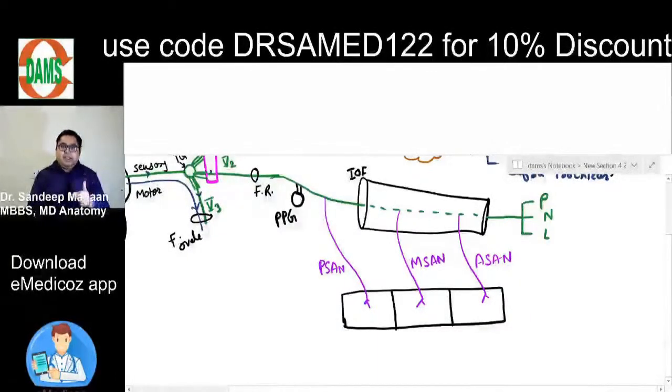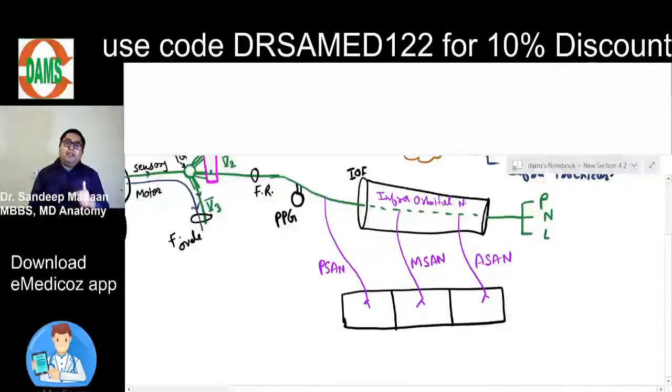Out of these 3, anterior and middle are the branches of actually infraorbital nerve. You see, this portion is actually called infraorbital nerve, which is nothing but the continuation of maxillary nerve. So anterior superior and middle superior alveolar are the branches of infraorbital nerve.